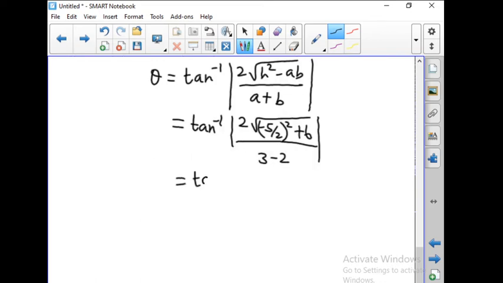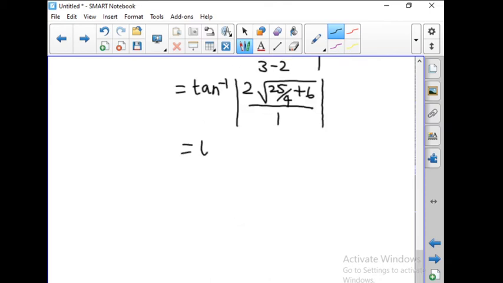So your answer is tan inverse of 2 into root of 25 by 4 plus 6 divided by 1. So this is equal to tan inverse of 2 root of 4 into 6, 24, 24 plus 25, 49 divided by 4 divided by 1.